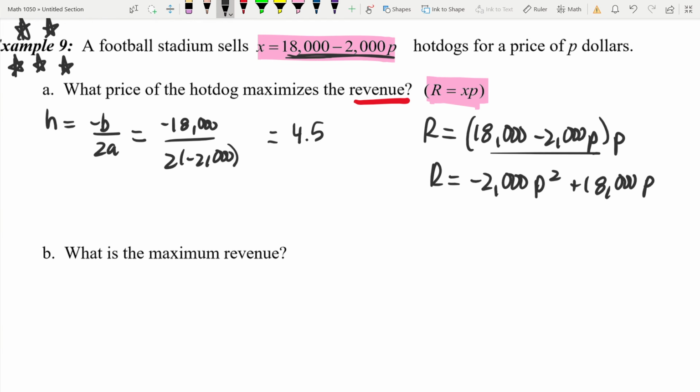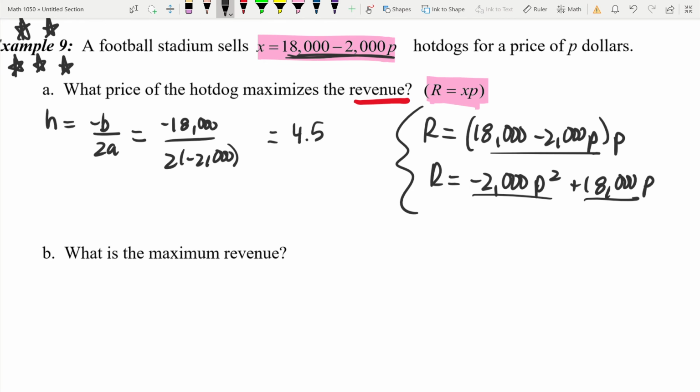But guess what? It's the same work. So your B is 18,000, so negative B is negative 18,000 over 2 times A, which is negative 2,000. So it's still 4.5. But if you don't turn it into a quadratic, you get nothing. Because that means you found a vertex of a line. And lines don't have a vertex, right? You have to get a parabola.